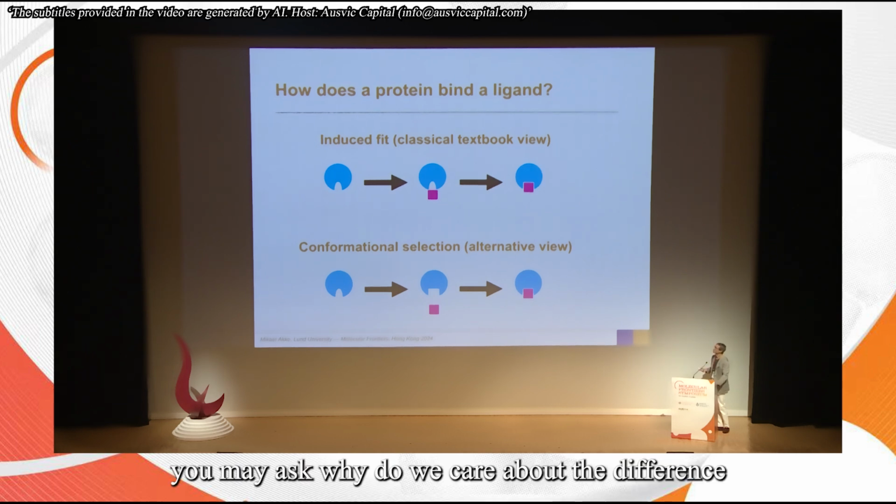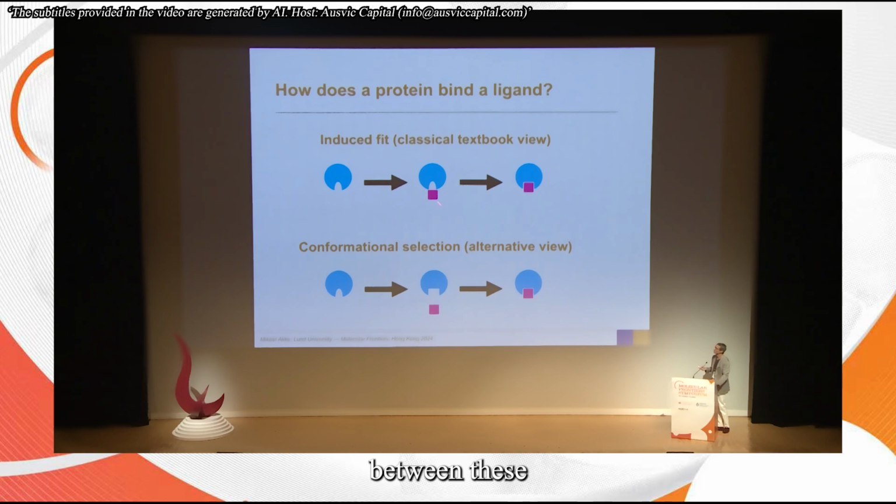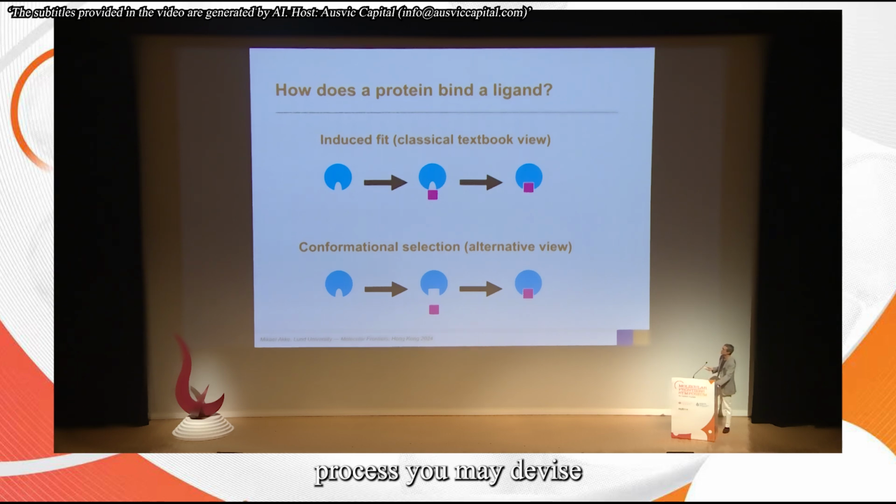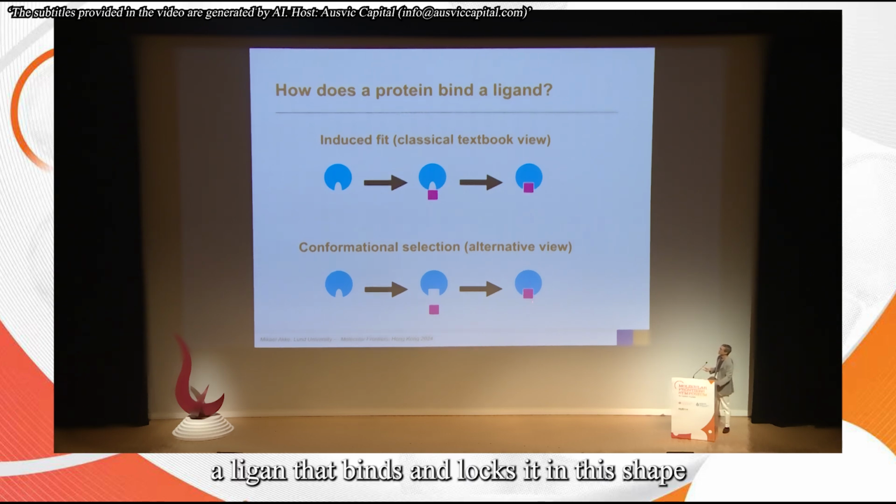You may ask, why do we care about the difference between these? There are actually many answers, but one could be this: say you have some disease, and the protein for some reason needs to be in this shape in order to activate some signaling process. You may devise a ligand that binds and locks it in this shape.